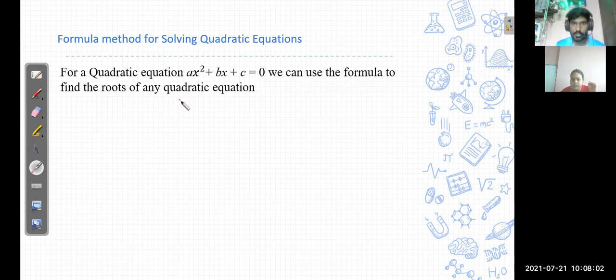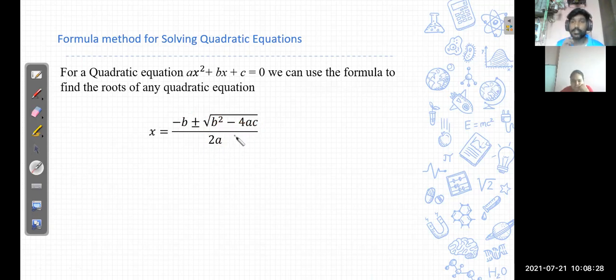Then only you can use it. But formula method, you can use for any quadratic equation of the form ax² + bx + c = 0.